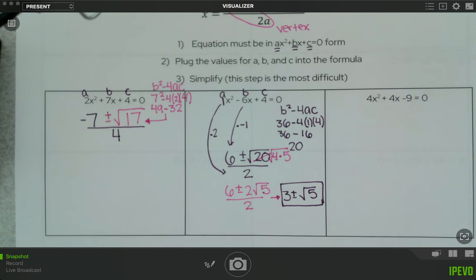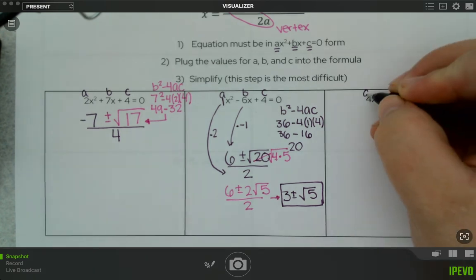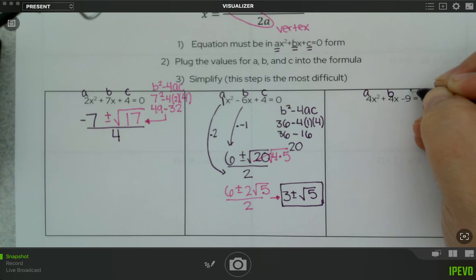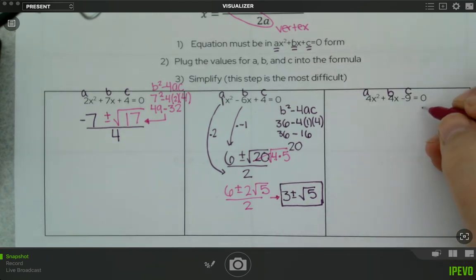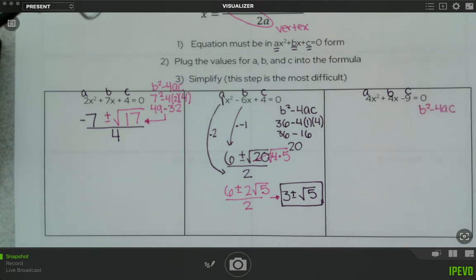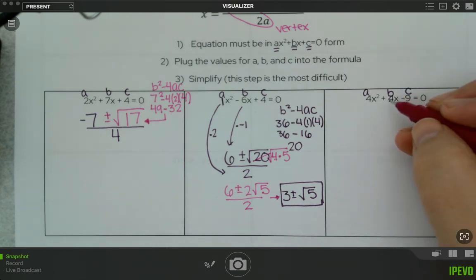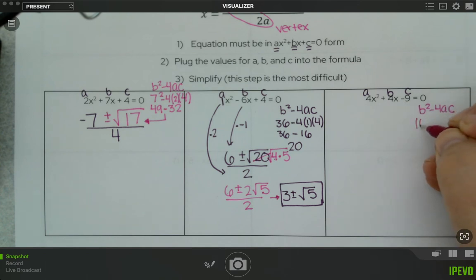And then we have one more where a is 4, b is 4, c is -9. So I'm going to come over here and do b squared minus 4ac first. B squared, 4 squared is 16, minus 4 times a is 4, c is -9.